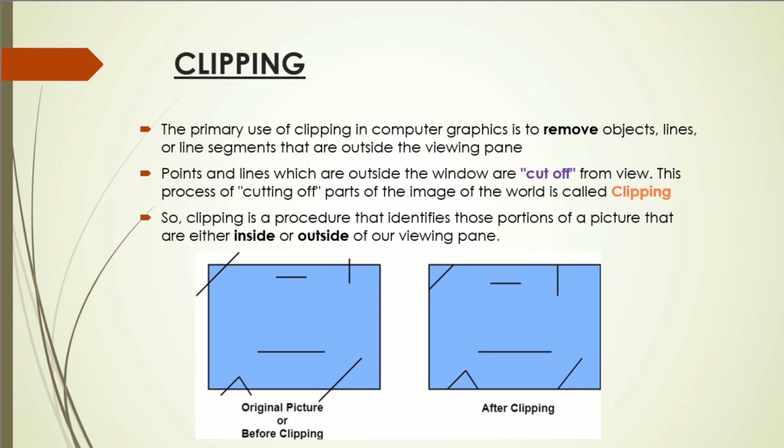So generally, clipping is a procedure that we use to identify those portions of a picture that are either inside or outside of our viewing pane. Let's look at this figure down here. I have one figure representing the original picture, and on my right hand side are the pictures that represent the figure after we have performed the clipping procedure.